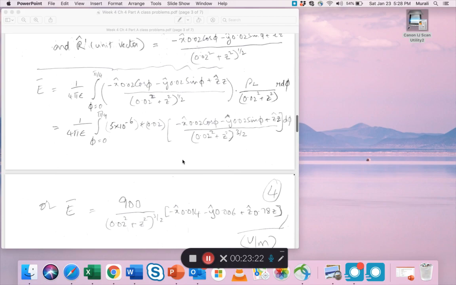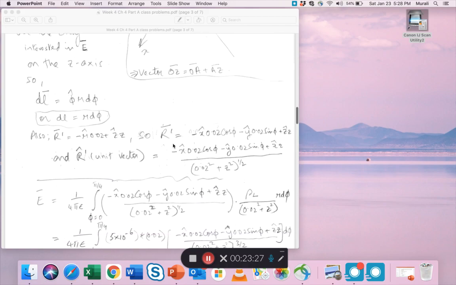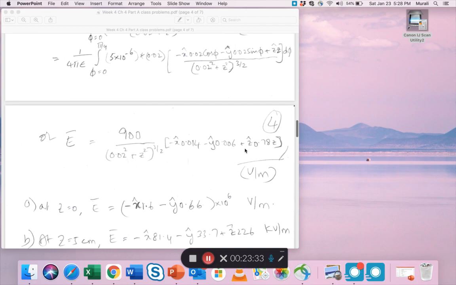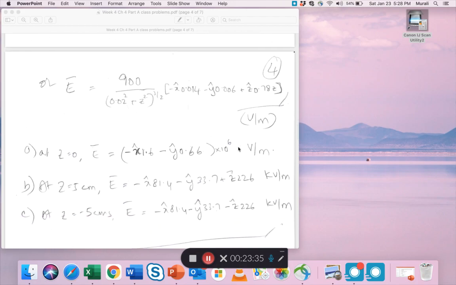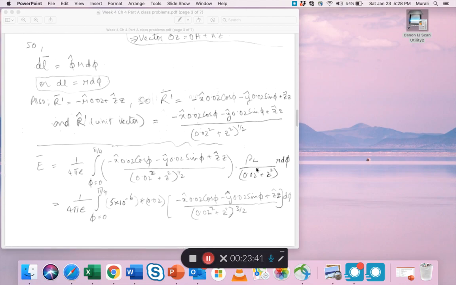I thought, we are working in cylindrical coordinates. Why can't we just stick with cylindrical? But because the answer there was in Cartesian, I thought, okay, let me convert everything to Cartesian, because all the others also we can write in Cartesian. So anyway, look up the method. I hope you haven't forgotten, when you have a vector like this, how to convert it into a vector in XYZ. Okay, so that's what I did.